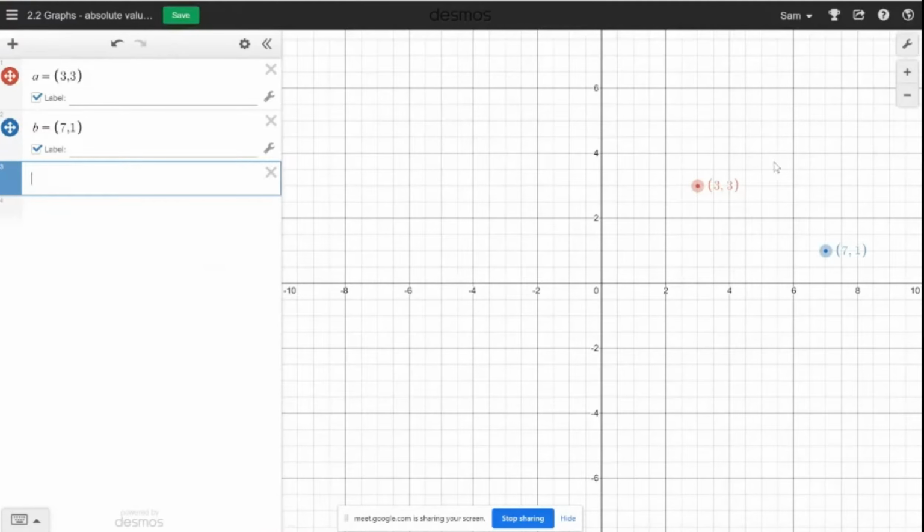To find the hyperbola that will fit through (3, 3) and (7, 1), we just need to find the midpoint. The average of 3 and 7 is 5, and the average of 3 and 1 is 2. That is our midpoint.